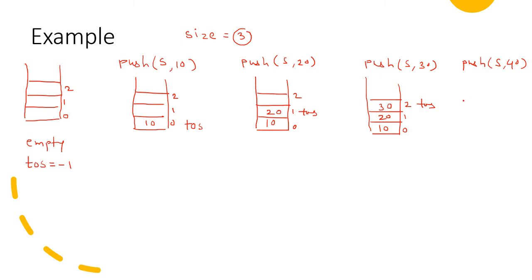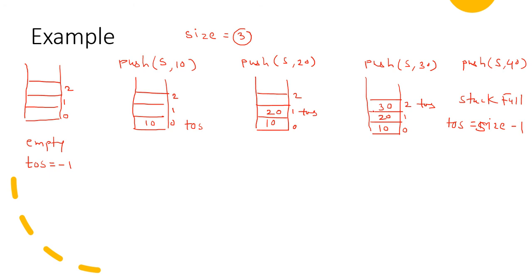I will get the message stack full. So what is the full condition of this stack? Whenever your top value is size minus 1, then I should get the message that the stack is full. So this is the push operation.